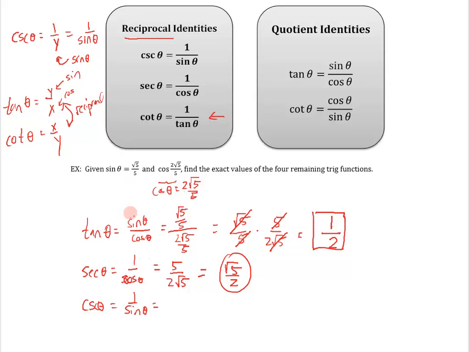The reciprocal of square root of 5 over 5 is 5 over the square root of 5. 5 divided by square root of 5 is just square root of 5. And then cotangent of theta is the reciprocal of tangent of theta, which we already know is 1/2, so 2 over 1, which is just 2. And we've found our other 4 trig function values by knowing only 2 of them.